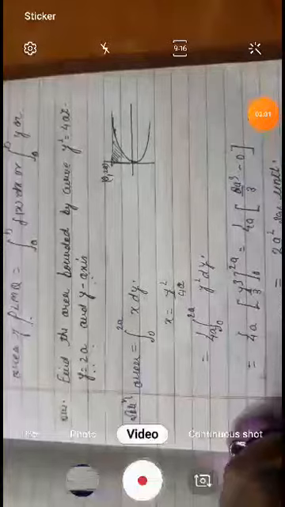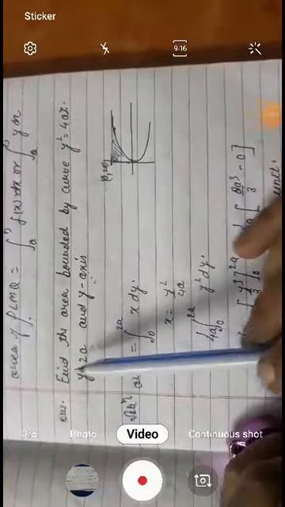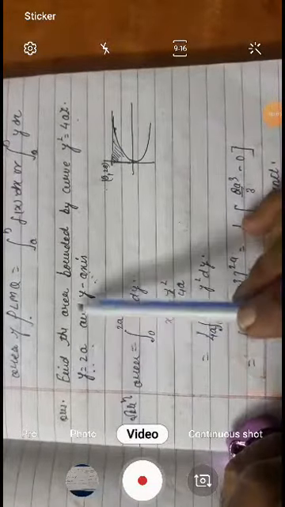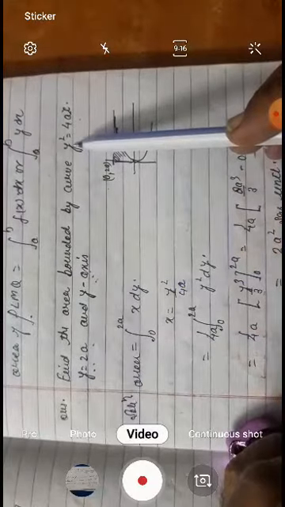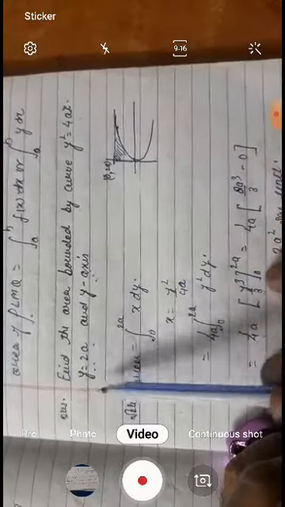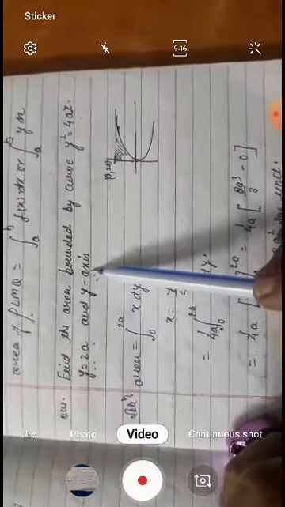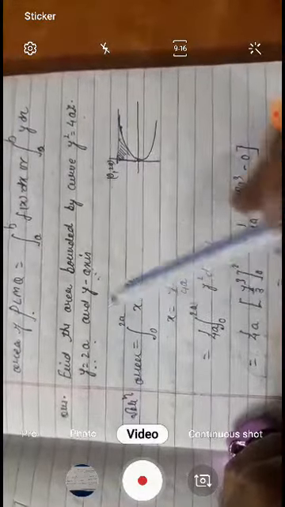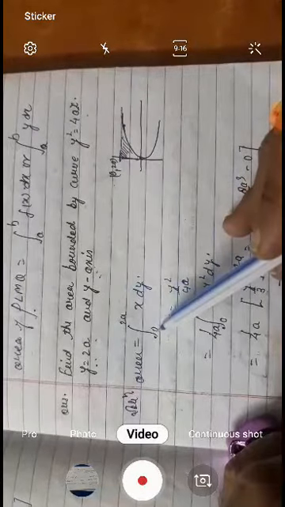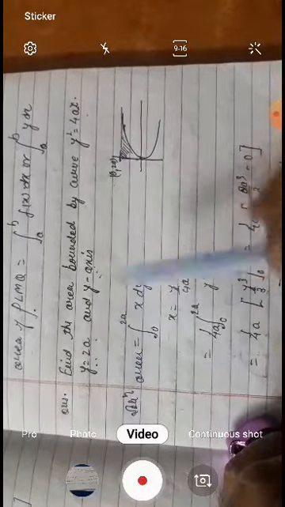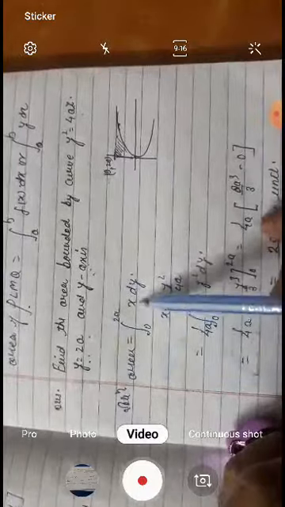Let us start with one. This is the question. Find the area bounded by the curve y square is equal to 4ax, y equal to 2a and the y-axis. If this is the given y-axis, then the limits are 0 and 2a, and the area is equal to integral of x dy.